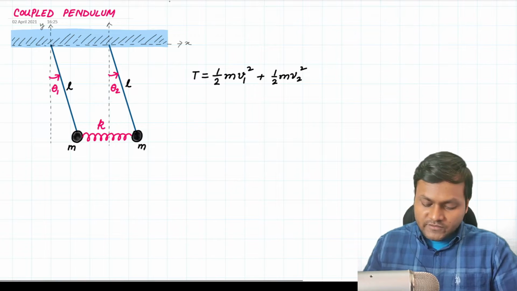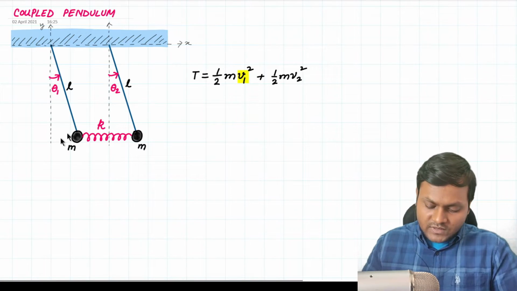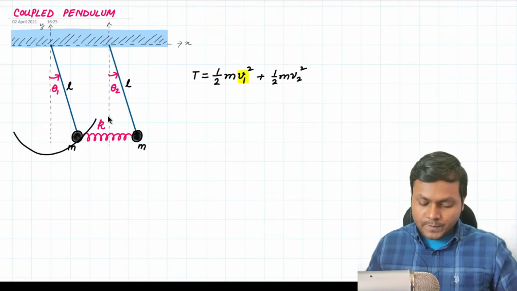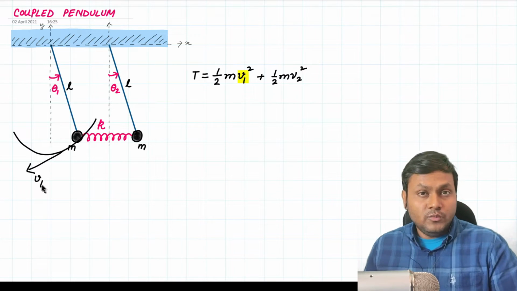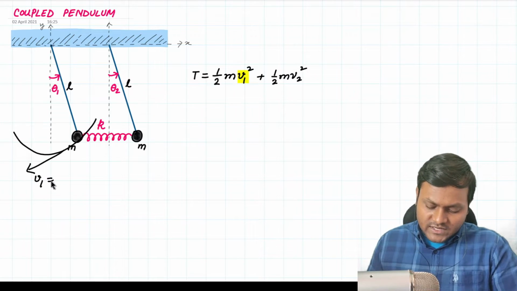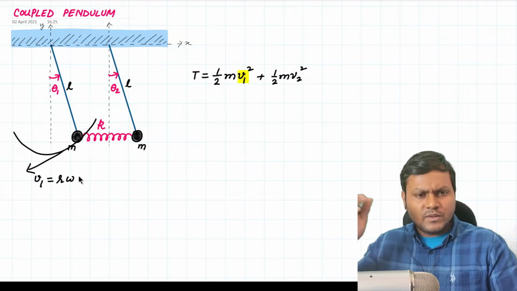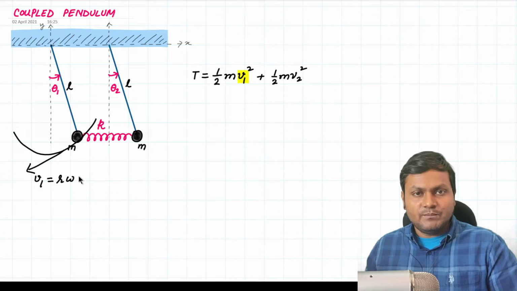So if I'm interested in finding out the velocity v1 for the first pendulum, then you'll observe that the nature of its motion is along an arc. So along an arc, it has a particular velocity, let's suppose v1. Now you may know that if some kind of an object is undergoing some sort of a motion along the arc of a circle, then the velocity can simply be written as r omega, where r is the radial distance from the point with respect to which that circular motion is taking place, and omega is the angular velocity.